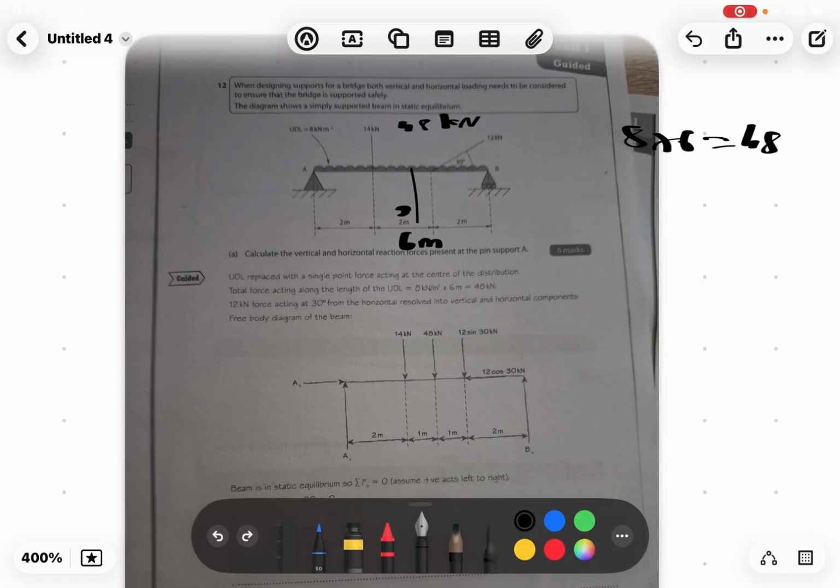The reason it's different is because it's more applied. So we need to find what it is in an actual number. This in an actual number is 6. So this is worth 6 kilonewtons.